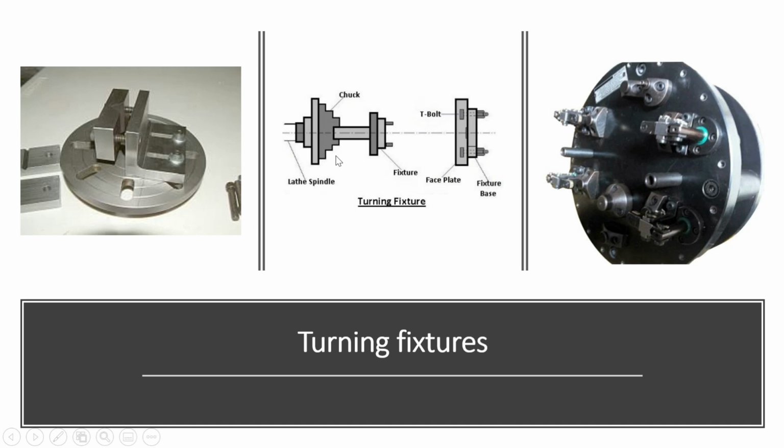But sometimes there may be odd shaped jobs which are required to be used on a lathe machine. In that case, faceplates, angle plates, and nuts and bolts are used for the turning fixture.